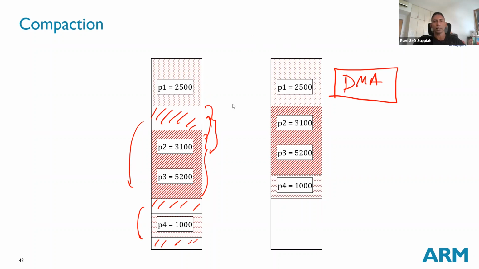Yeah, direct memory access. In DMA, the DMA itself is a hardware block within the processor that can do data transfer for you in the background while you are doing other things as well.